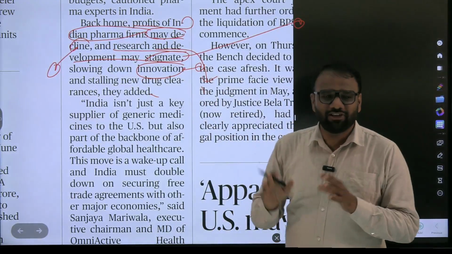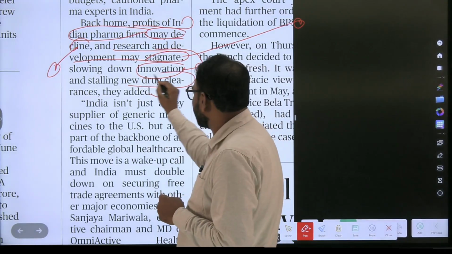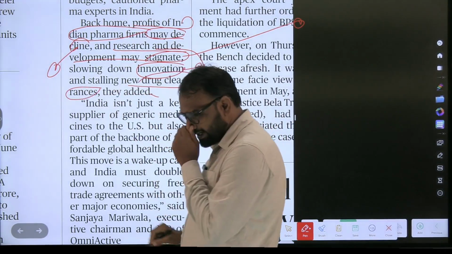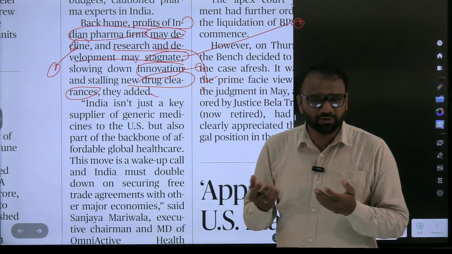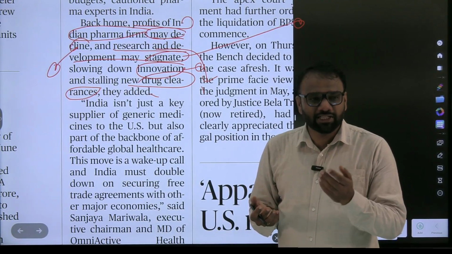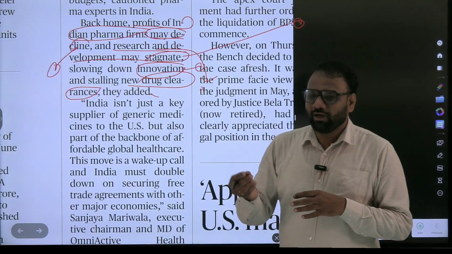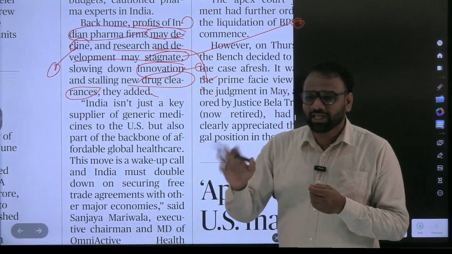Whatever is there with the same will continue. Innovation will slow down. And stalling new drug clearances. Drug clearances means, in India as well as other countries, whenever a new drug comes to the market, whether this drug is fit enough to be consumed by the consumer. If a BP tablet or a diabetic tablet comes, the company is not going to sell it directly in the market.